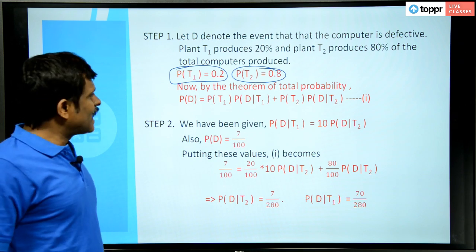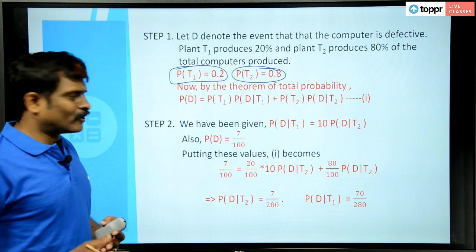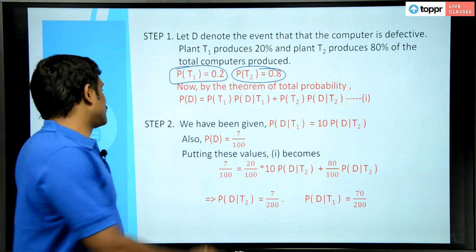Now, what do we know? We have the total probability.